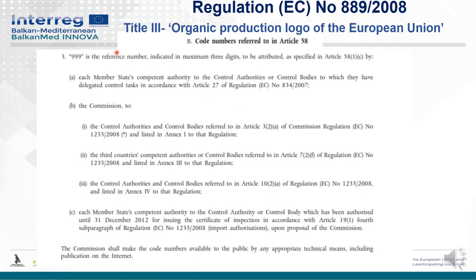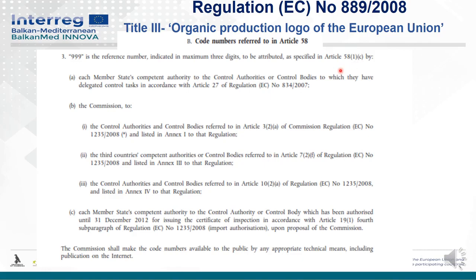Continue the explanation. This is the explanation about the numbers that come after the code which is referring to organic production. So this code is the reference number indicated in maximum 3 digits to be attributed as specified in Article 58, paragraph 1.